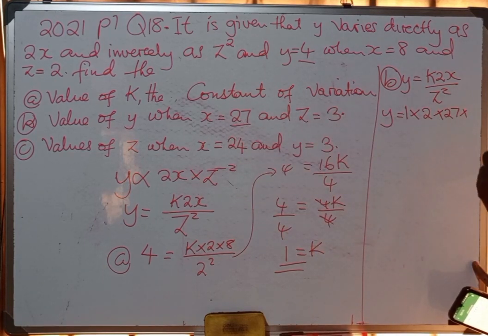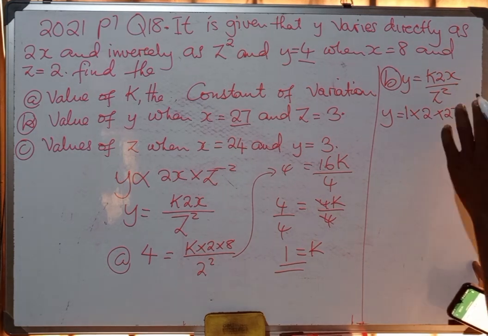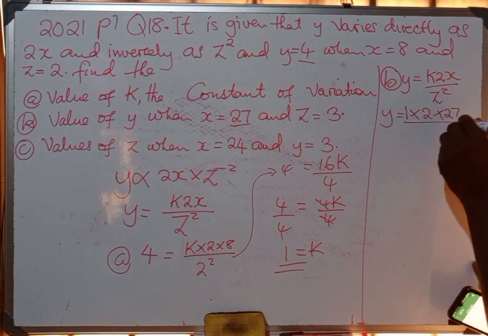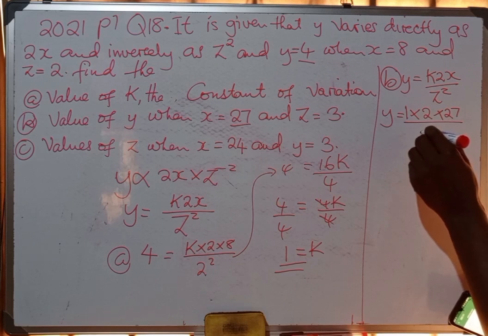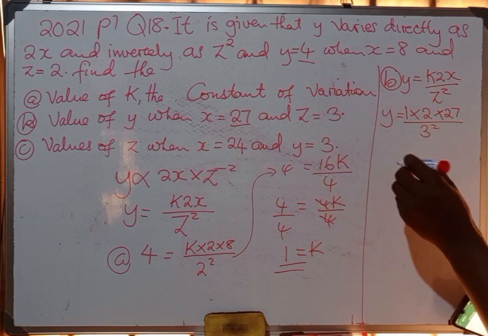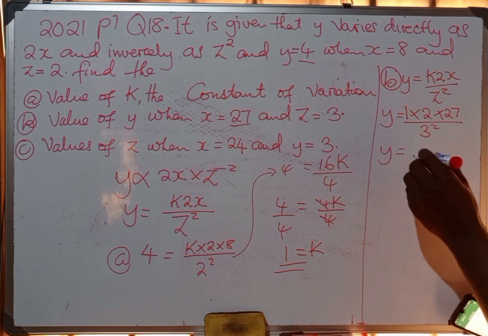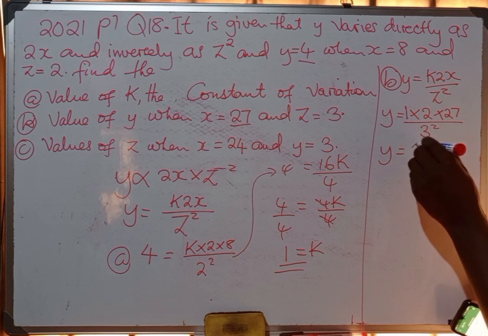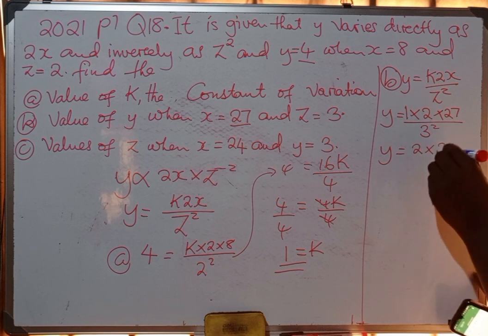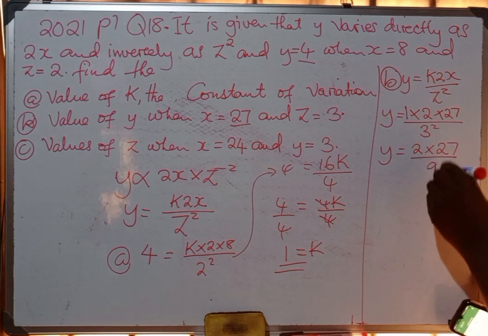Then over everything, we have z is 3, so it will be 3 squared. So y is equal to 2 times 27 over 9.